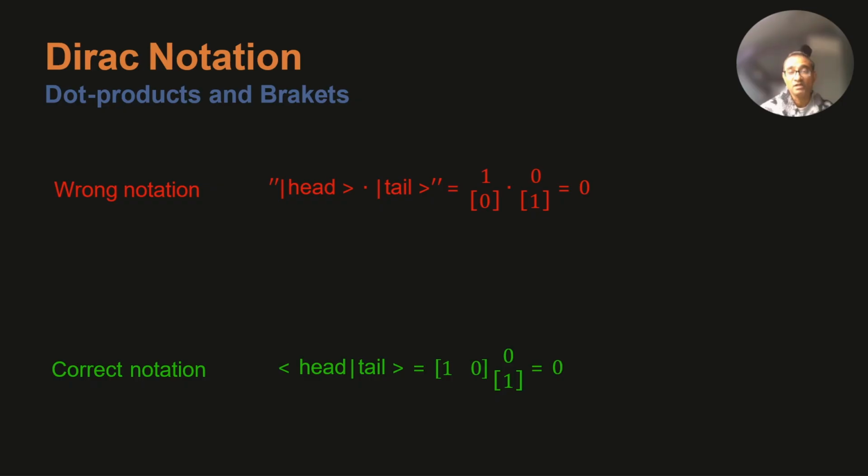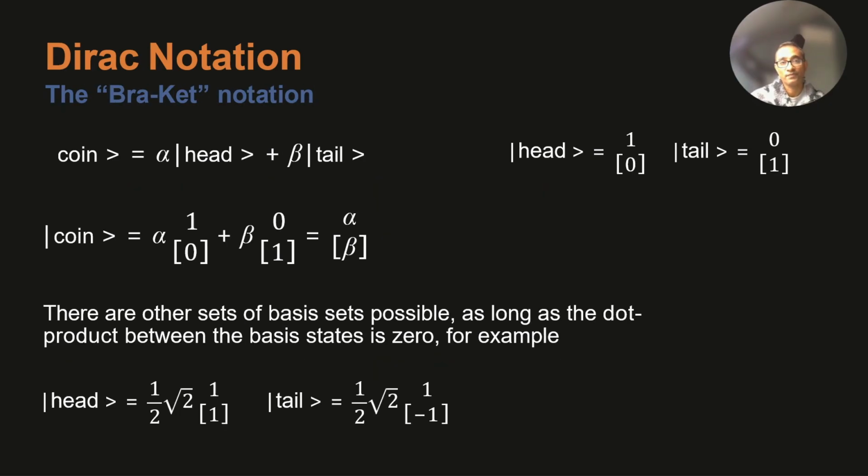The correct notation is to write it in between the angular notation with a single bar, and the bra is represented first as a row, and the ket, which we already established is a vector notation, represented as a column. Now the dot product, as we said, has to be 0. You do the basic linear algebra here, and you will get the result as 0.